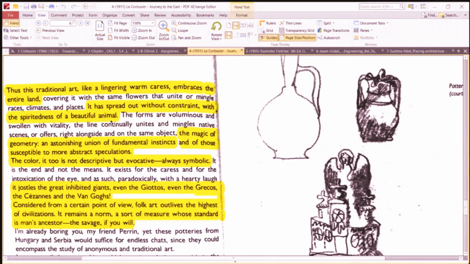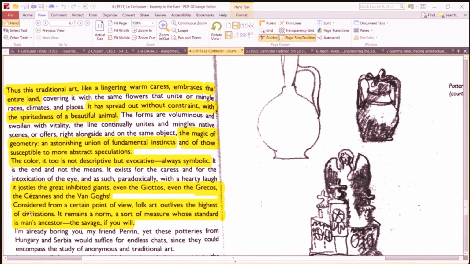So there's an idea of evolution very much embedded in here, that these simple peoples are almost like an earlier form of human being. They have not yet evolved into this urban modern civilization.